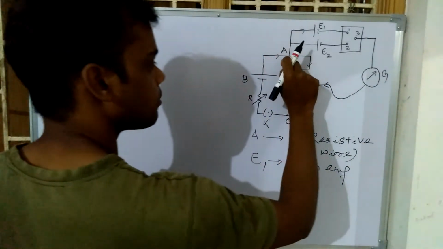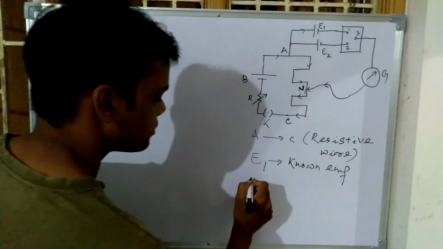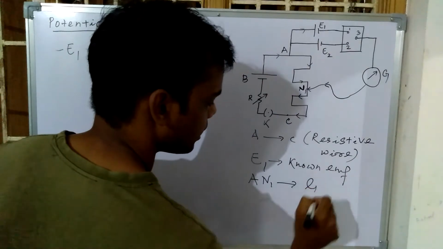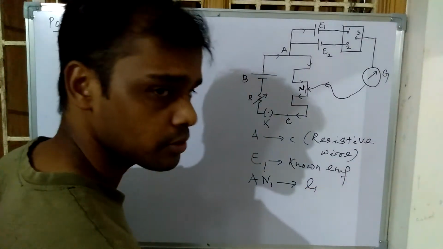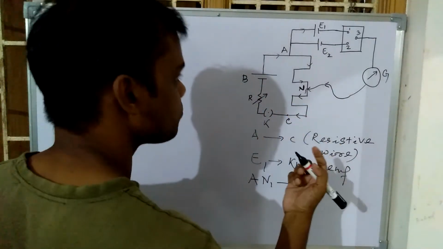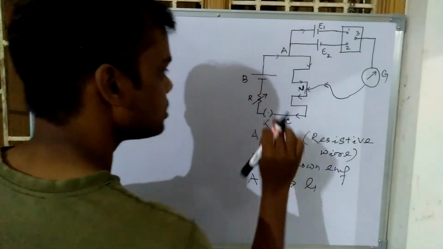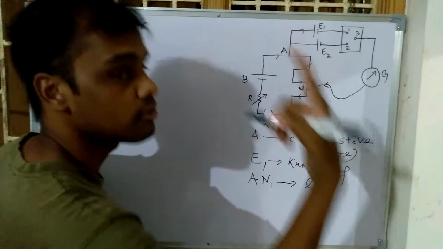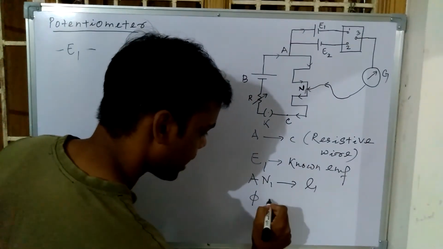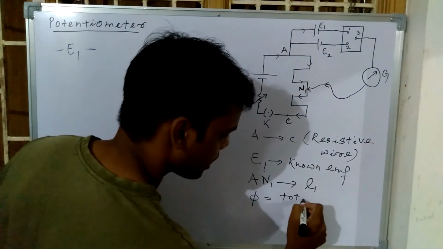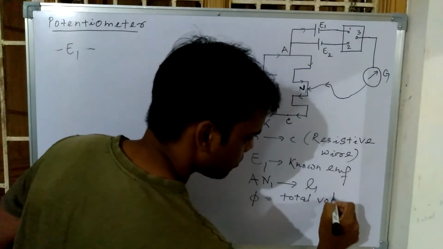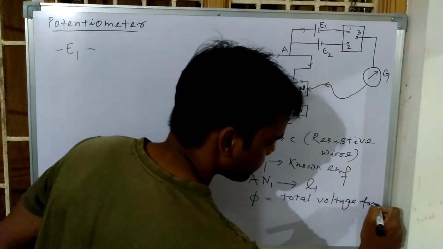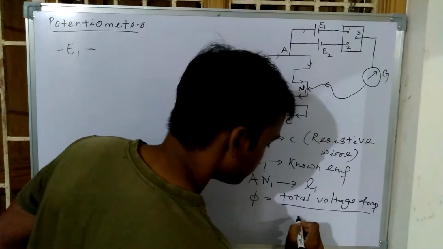Let us suppose from A to N1 the length is L1. Let us also suppose that from A to C the total drop across the resistor per unit length, phi, is equal to the total voltage drop per unit length.